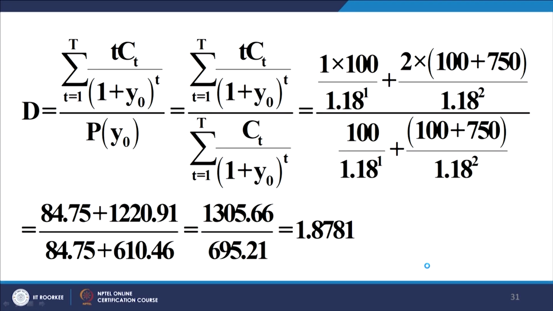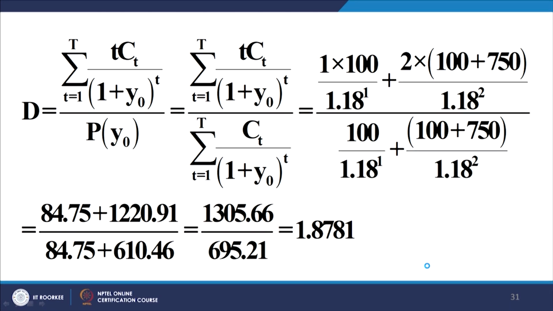So, I take it as 750, and you discount these quantities for 1 year and 2 years respectively. In the denominator you use the DCF based price, which is equal to 100 divided by 1.18 plus 100 plus 750 divided by 1.18 whole square.